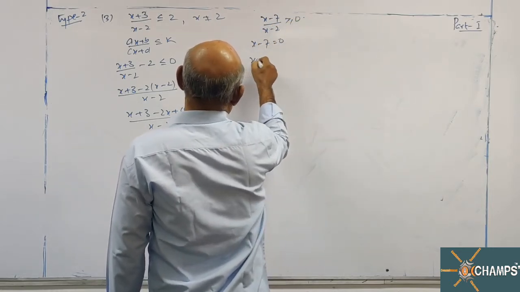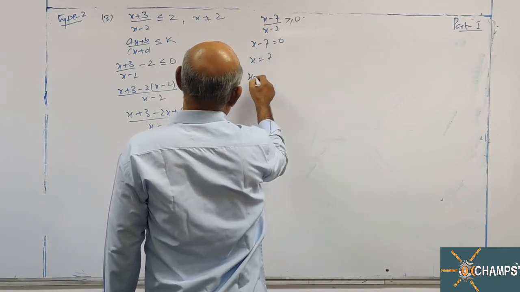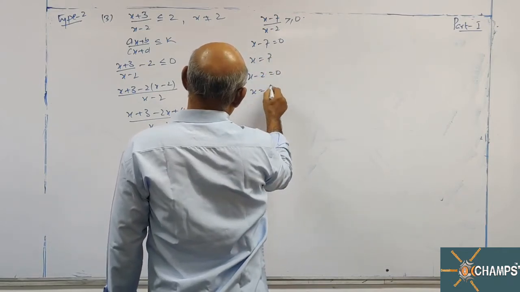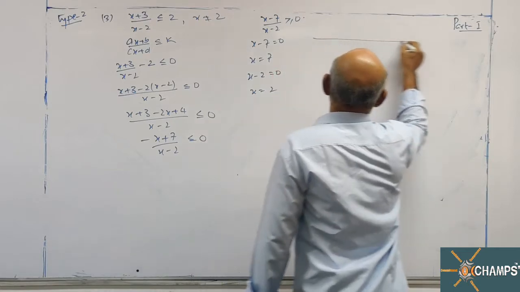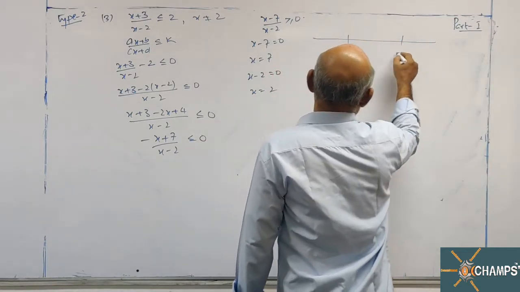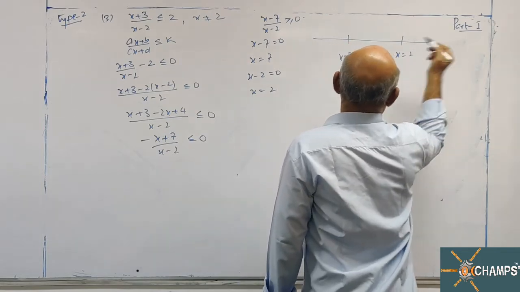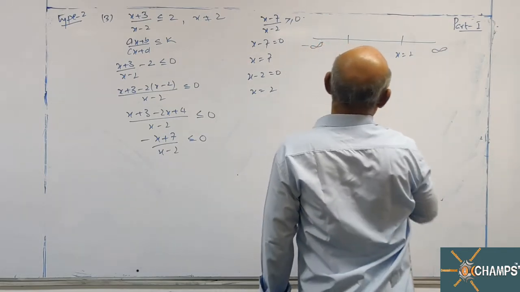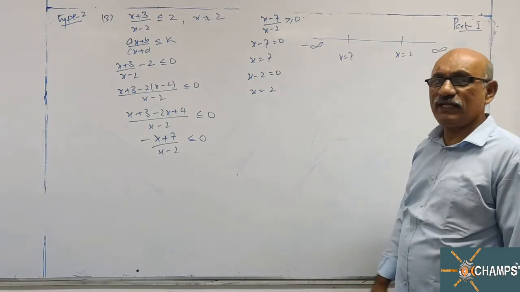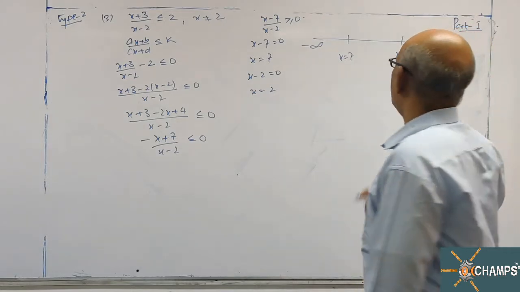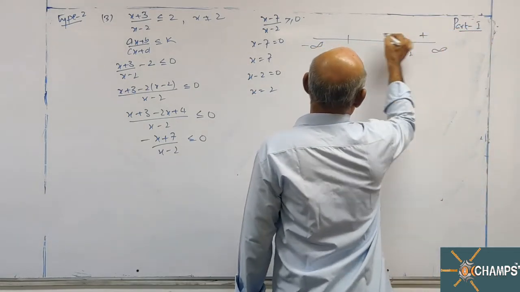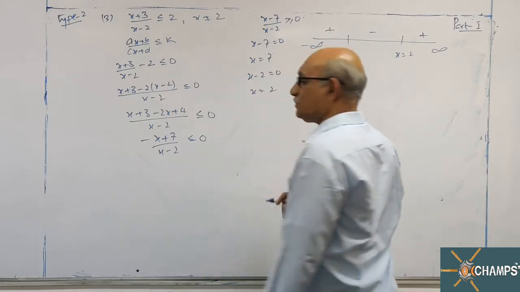Equate a numerator separately to 0, x equal to 7. x is equal to 2, x is equal to 7. Minus infinity, plus infinity. So these two values are dividing the number line into three parts. Plus sign, minus sign, plus sign.